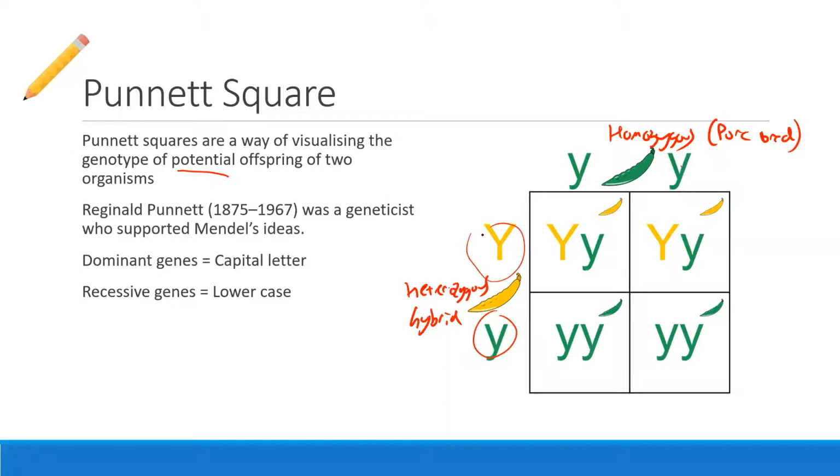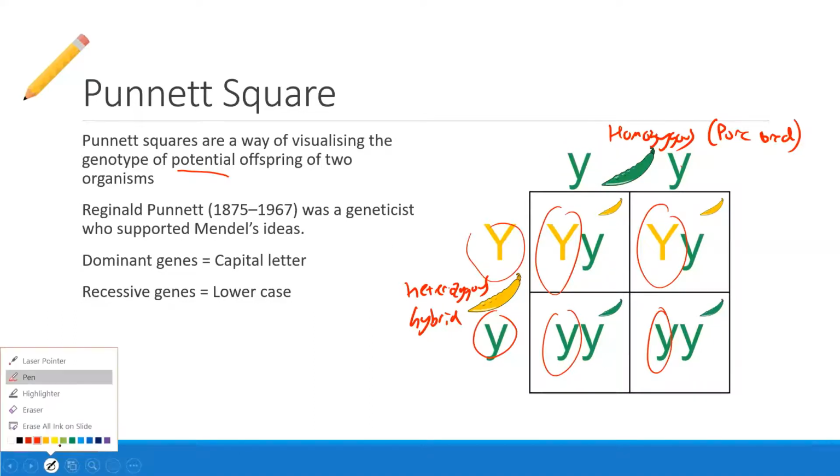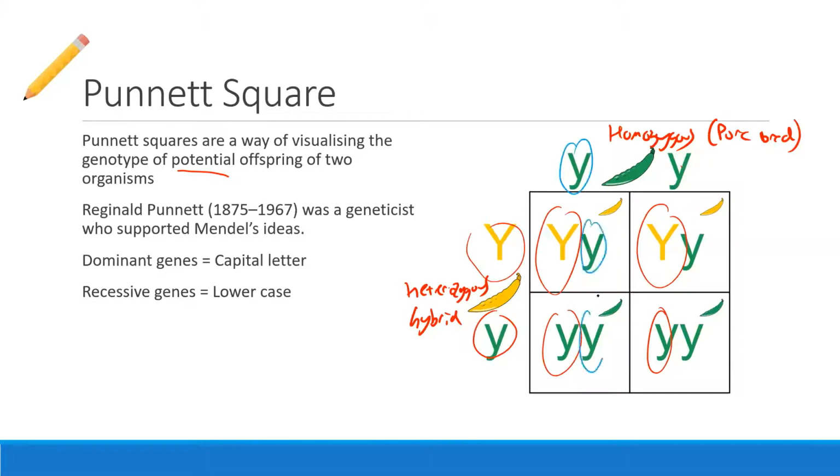How you would use this is that the hybrid can give either a yellow or a not yellow, whereas the homozygous one will give a not yellow either way. And you can then use these Punnett squares to say, well, these are the genotypes.